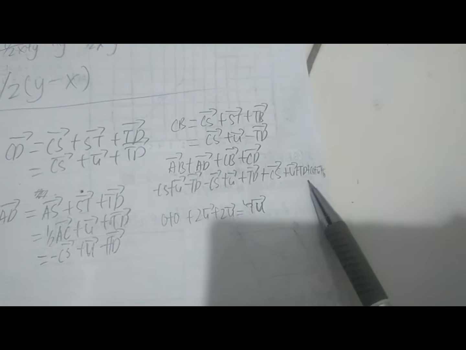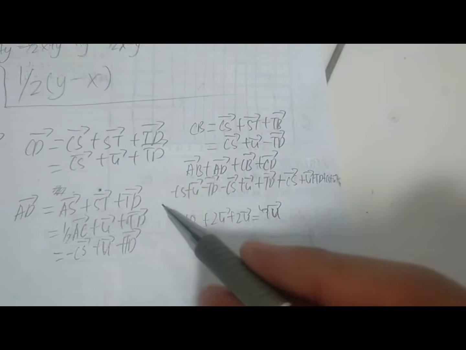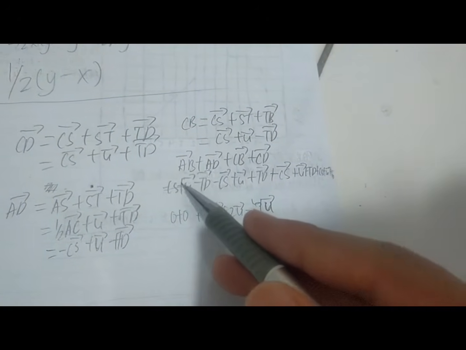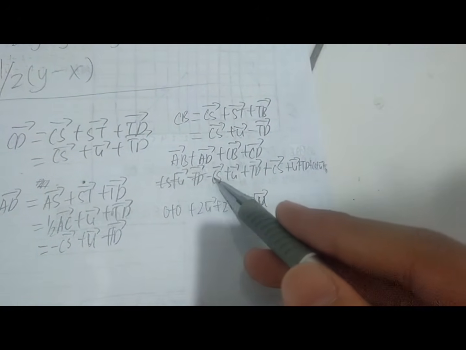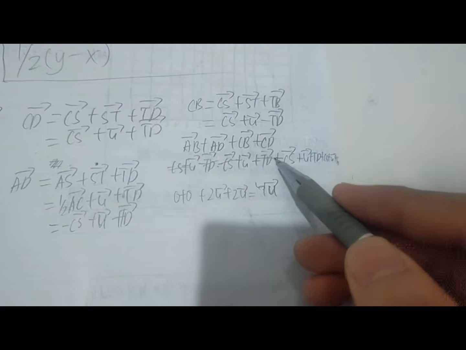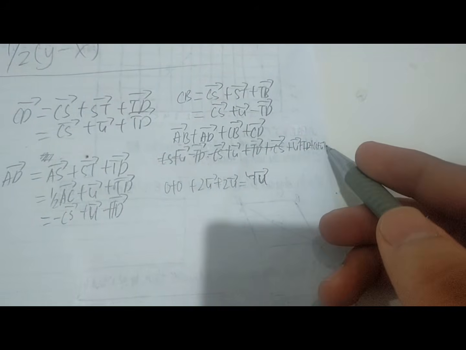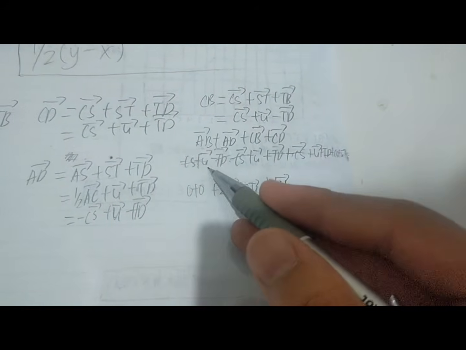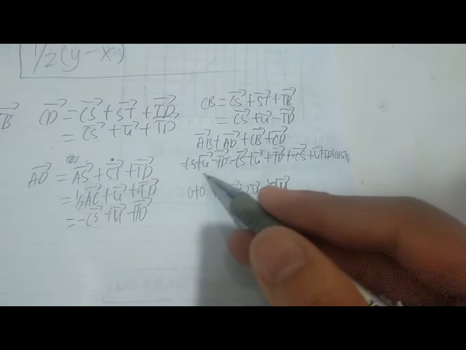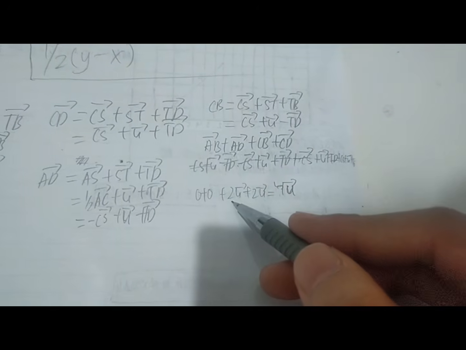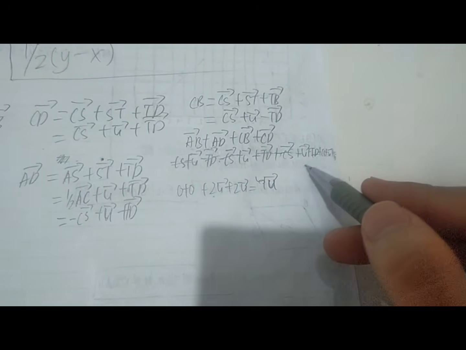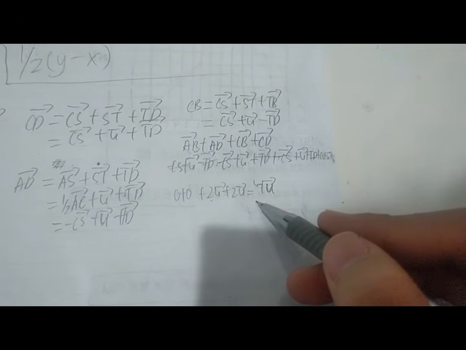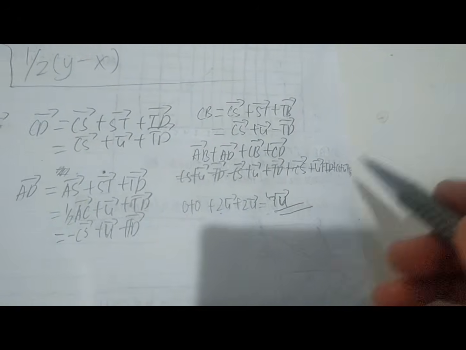The CS terms erase, leaving U vector plus U vector plus U vector plus 2 U vector, which equals 4 U vector. That's the final answer.